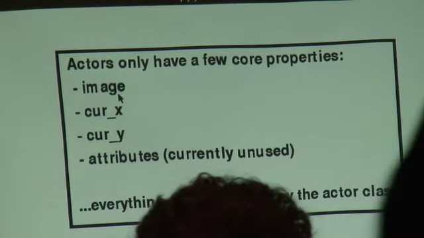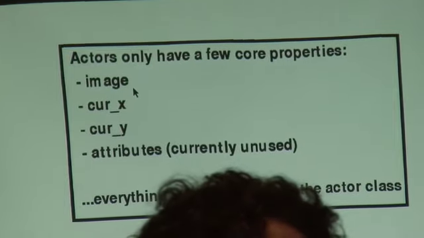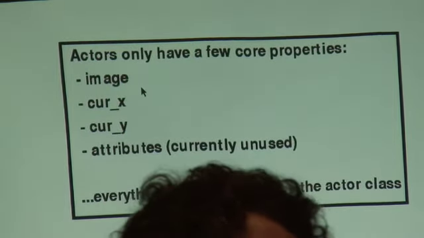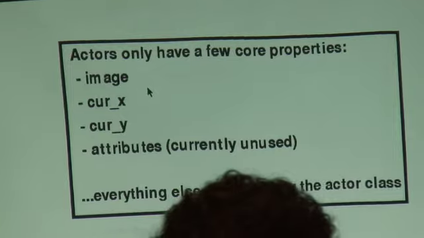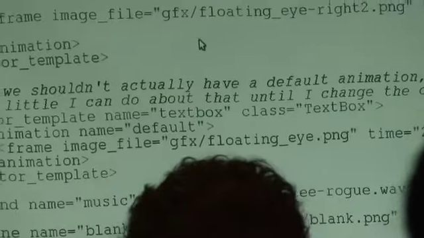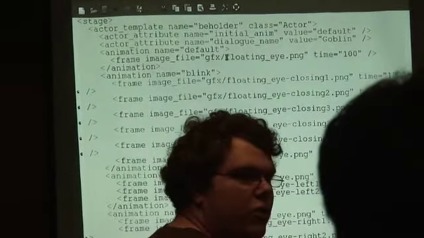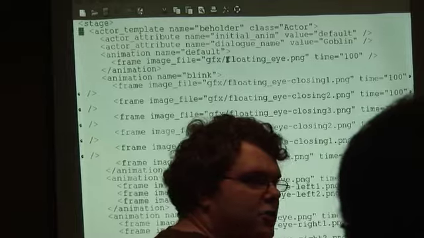And the thing is that your actor is actually a Python class, and it's defined by this XML. But actually, if you take a look, you see I'm loading class actor, and that's literally a Python class called actor.